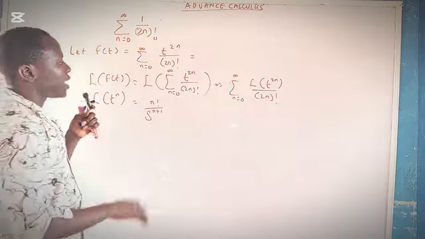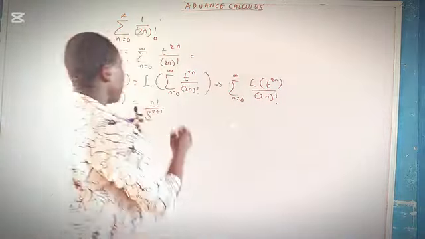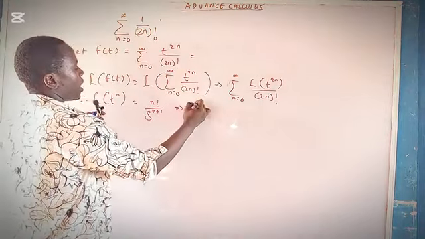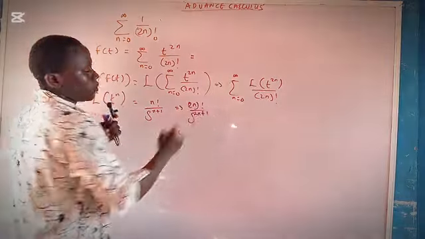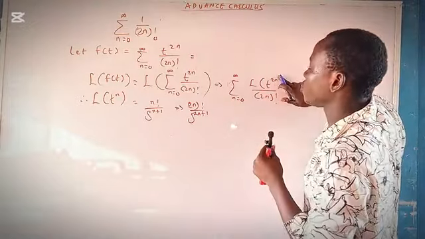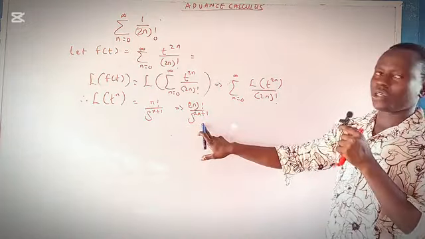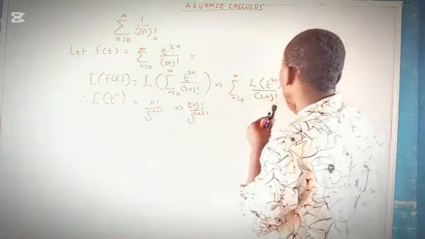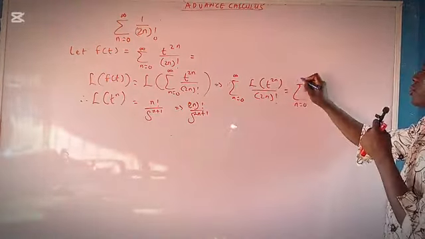You remember that. But in this case, our n is 2n. So this will be 2n factorial over s raised to the power of 2n plus 1. That is, Laplace of t raised to the power of 2n is 2n factorial over s raised to the power of 2n plus 1. So this will be equal to the sum of n from 0 to infinity.